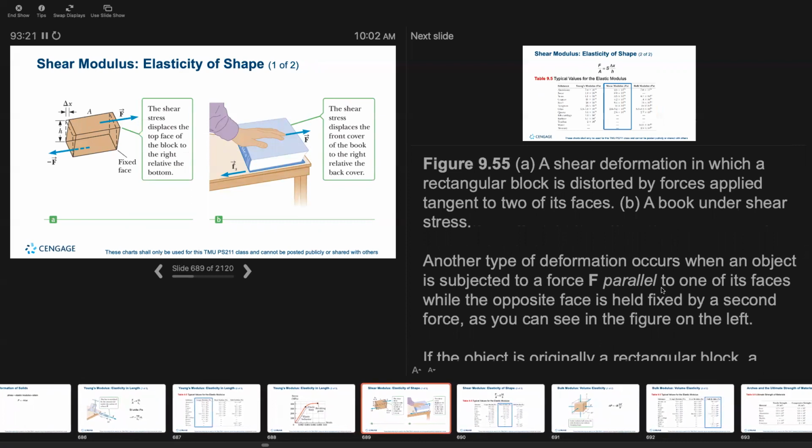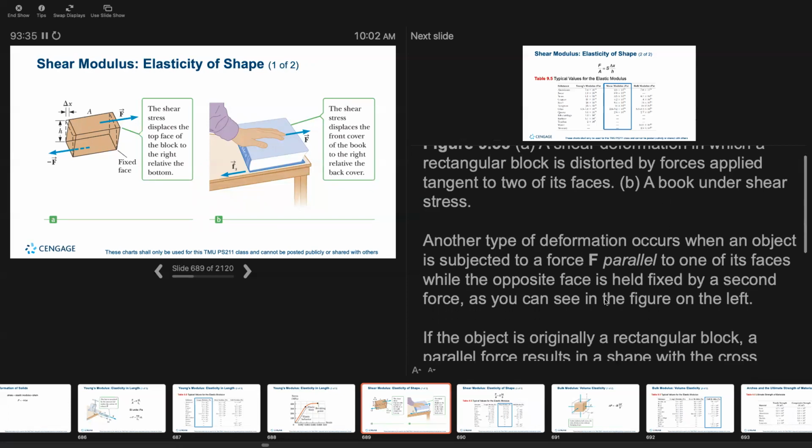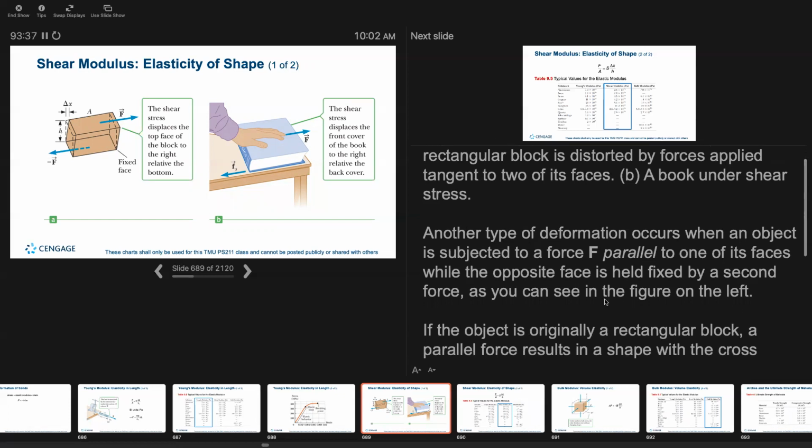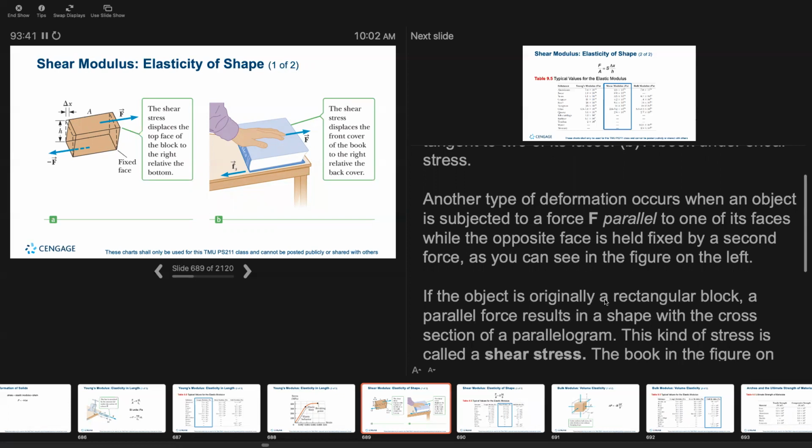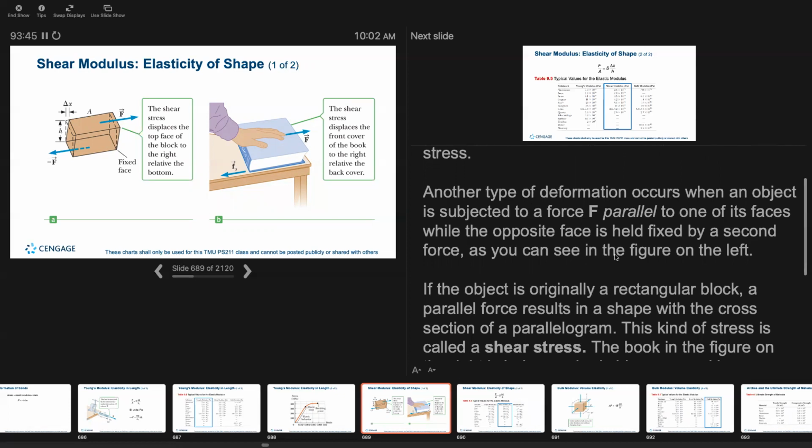Okay, in the figure, we have a shear deformation in which a rectangular block is distorted by forces applied tangent to two of the faces. In the other figure, we see a book under shear stress. Another type of deformation occurs when an object is subjected to a force parallel to one of the faces, while the opposite face is held fixed by a second force, as you can see in the figure on the left.